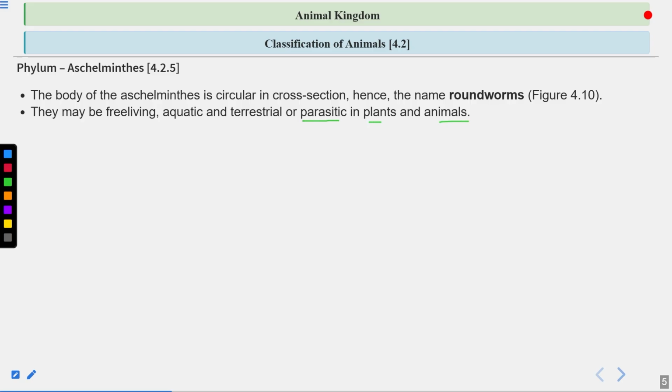Actually, small children eat away the soil when they are playing in the soil. When the crawling baby is there, sometimes they eat the soil, and along with the soil, the eggs of this Ascaris are there. Not only this, sometimes they are present in your raw vegetables, the radish, the carrot, that we consume in our food.